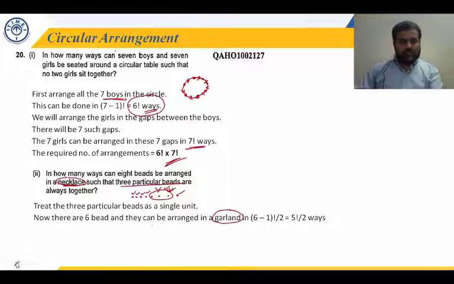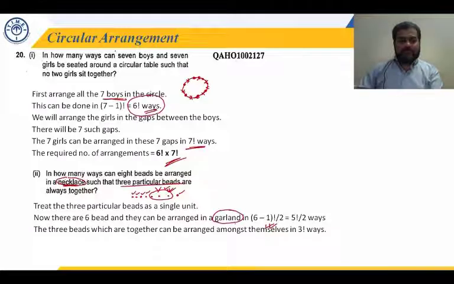So in how many ways can we do that? 6 minus 1 factorial divide by 2. Why divide by 2? Because the case of a garland or a necklace. So 5 factorial by 2. Okay. These many ways. Now the 3 beads which were together, they also can be arranged amongst themselves in 3 factorial ways.